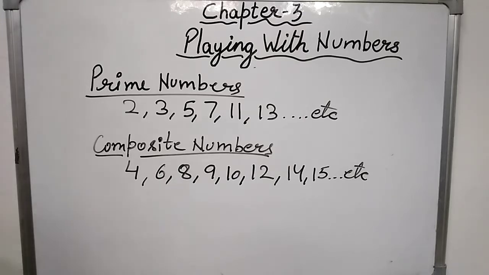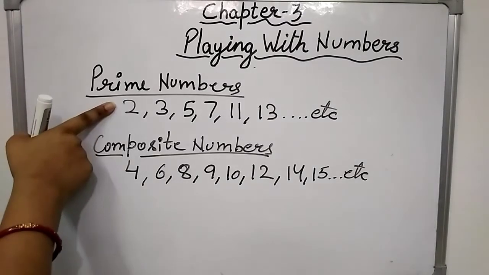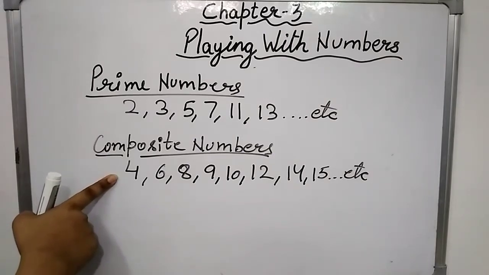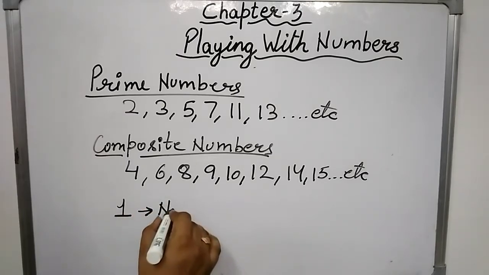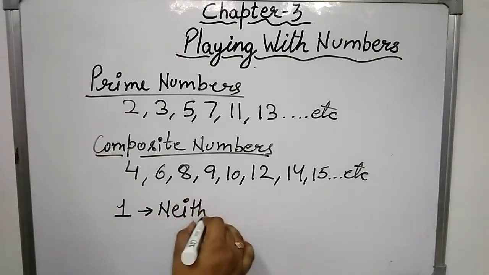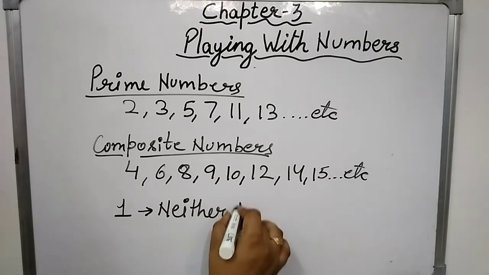Now there is one number which is missing in prime numbers and composite numbers, that is 1. So 1 is neither prime nor composite.